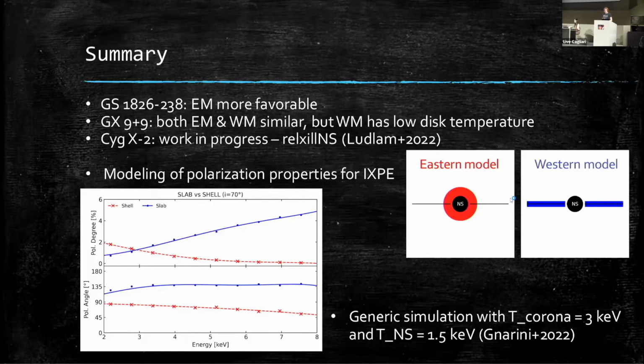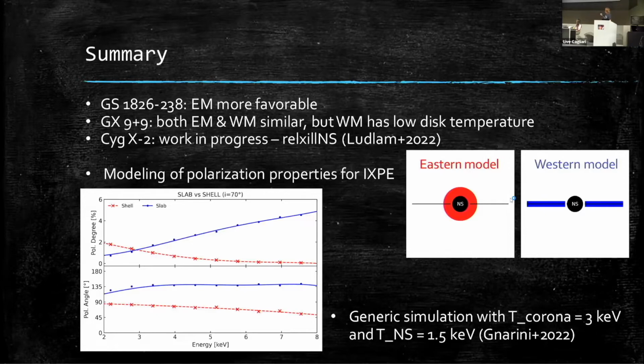We see that for both the shell and slab corona, they are very well distinguishable from each other. And what we can see here basically, so for the shell corona, on higher energies, the source gets a bit depolarized due to the spherical symmetry of the source, while the disk is more dominant on lower energies.